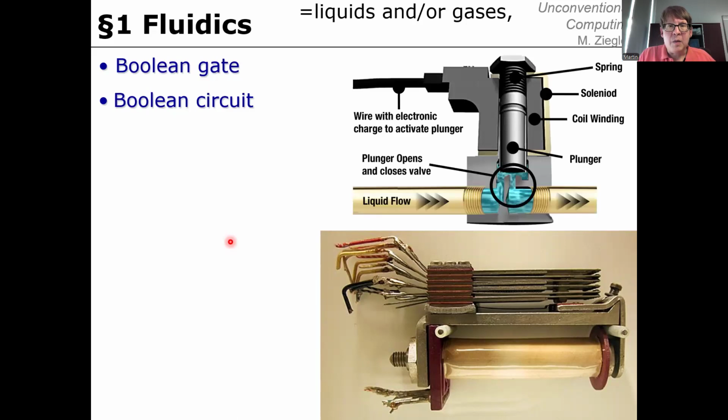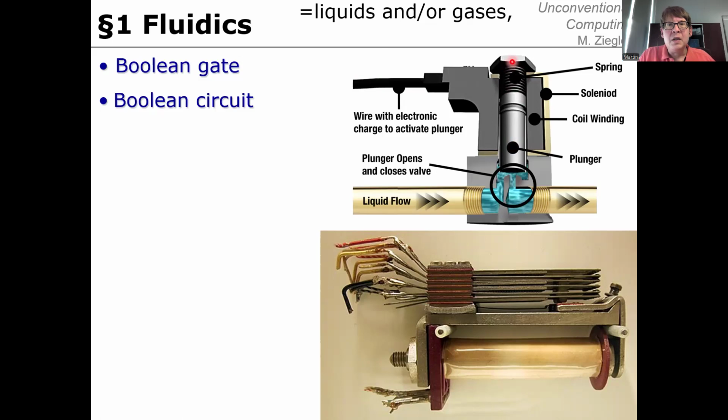Now here's an example of a controlled switch, which is simply a valve, right? A solenoid valve, where the flow of the liquid, water or gas, passes through this gate, and the gate can be opened or closed with this device, which is secured with a spring, and either with electronic or with electric or with pneumatic control.